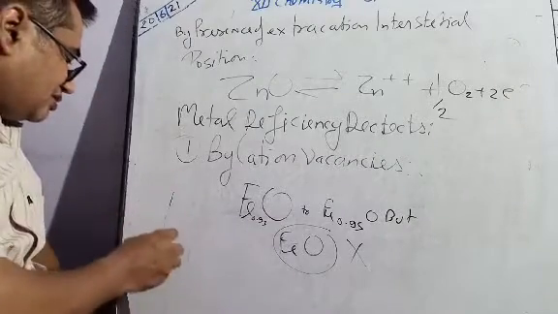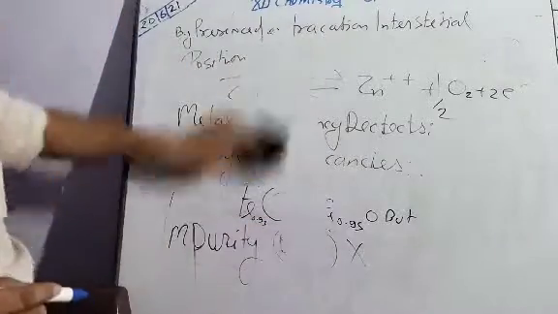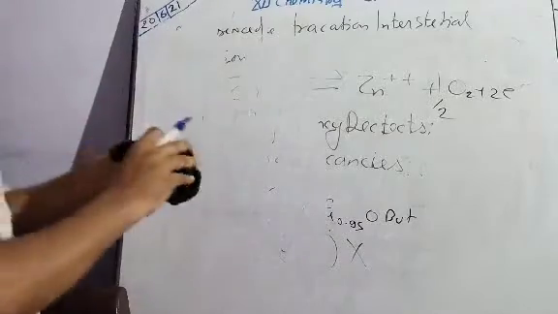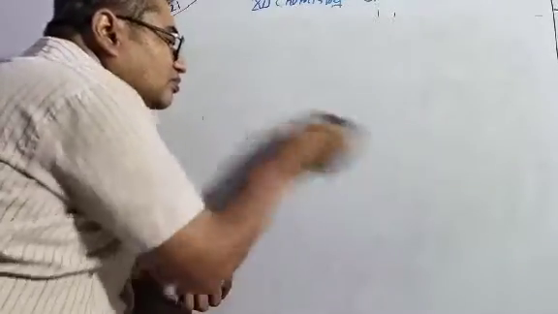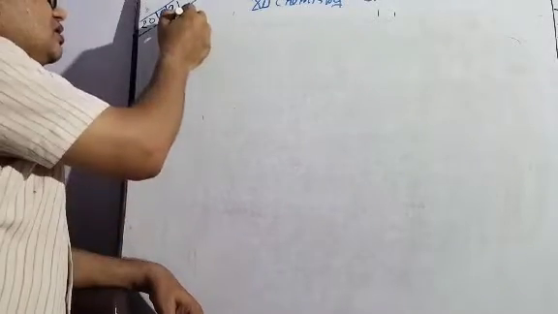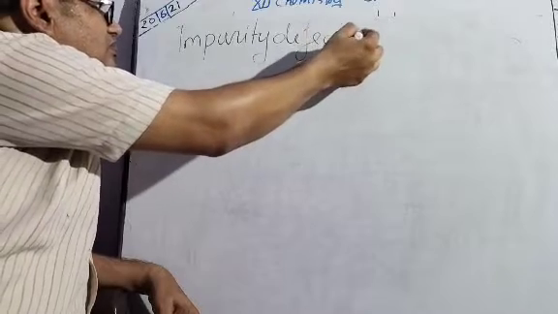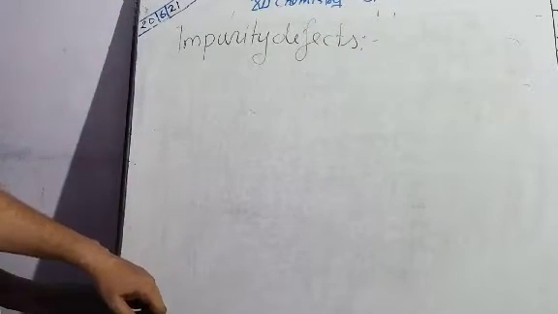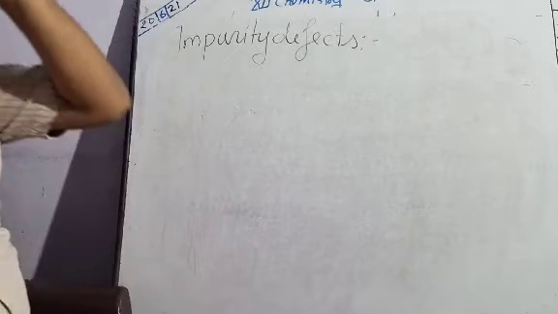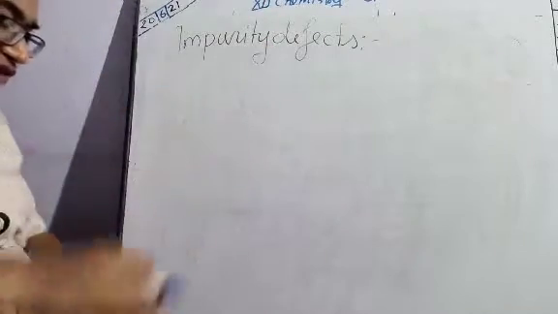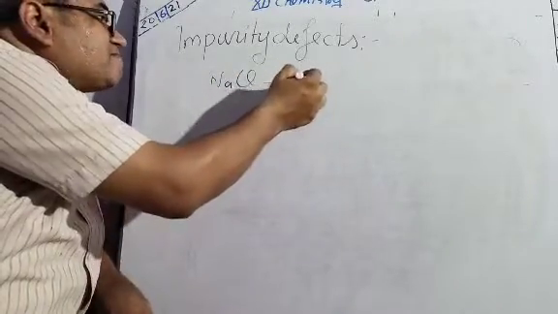Now the last one is impurity defect. Impurity defect is found whenever NaCl is doped with SrCl2.